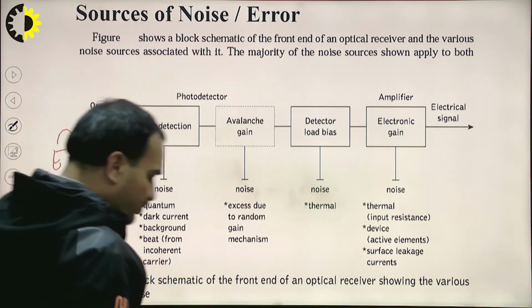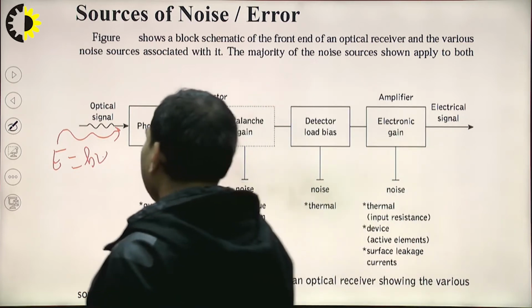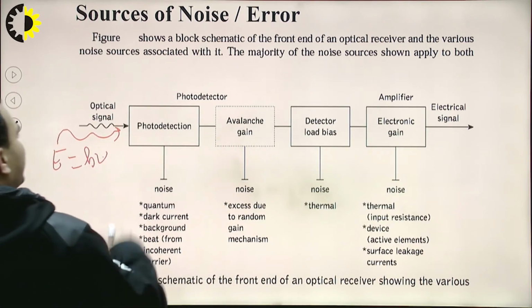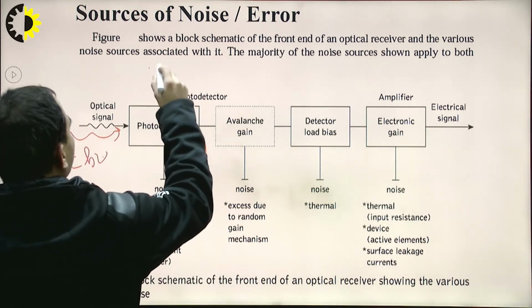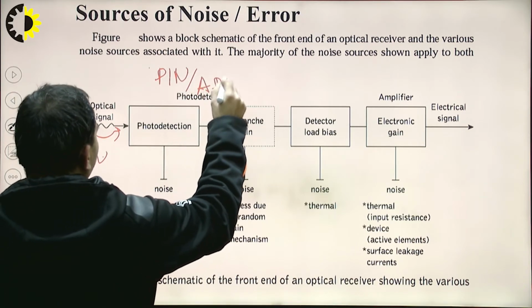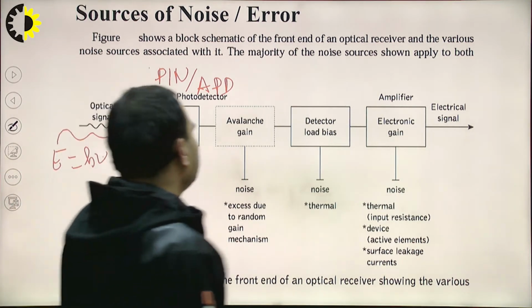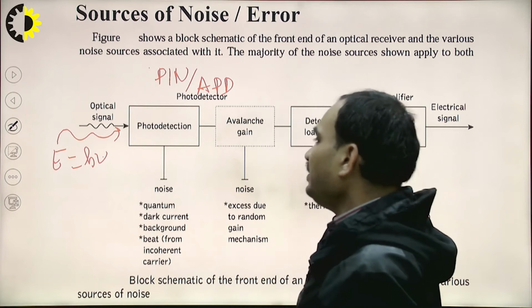Now we know the photodetection process means the optical signal will be converted to the electrical signal with the help of the photodetection process. So it may be PIN photodiode or it may be Avalanche photodiode. So depending on which type of photodiode we are using, it is sensing that light for a particular wavelength.